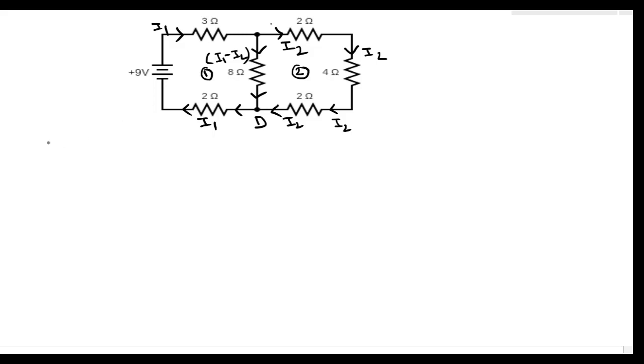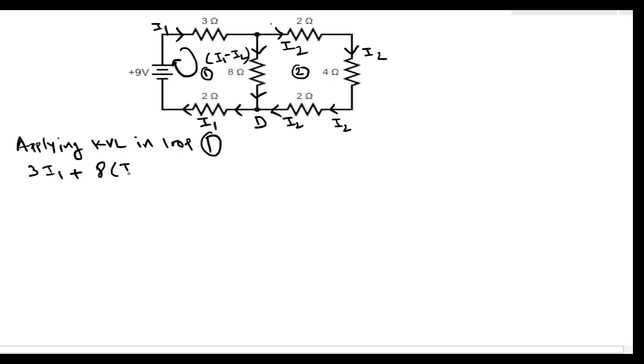Now applying KVL in loop 1, in this direction: 3 into I1, so 3 I1, plus 8 into I1 minus I2, since the current through the 8 ohm resistance is I1 minus I2, and from here 2 I1 plus 2 I1, and here this is the negative terminal of the battery, so minus 9 is equal to 0.